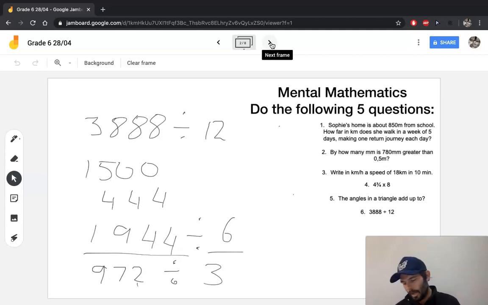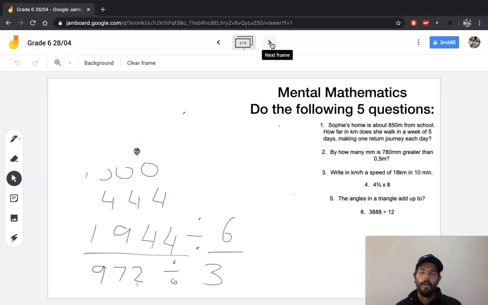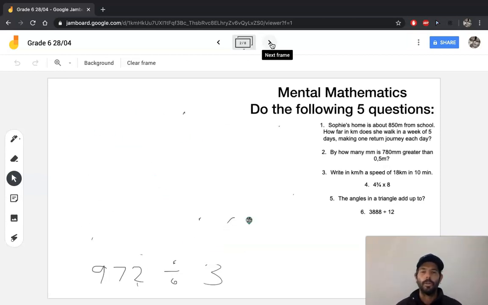Now I know that 900 can be divided by 3, 300 times. And I know that 72 can be divided by 3 because I know my rules of divisibility. 7 plus 2 is 9, and 9 is divisible by 3, so therefore 72 is divisible by 3.